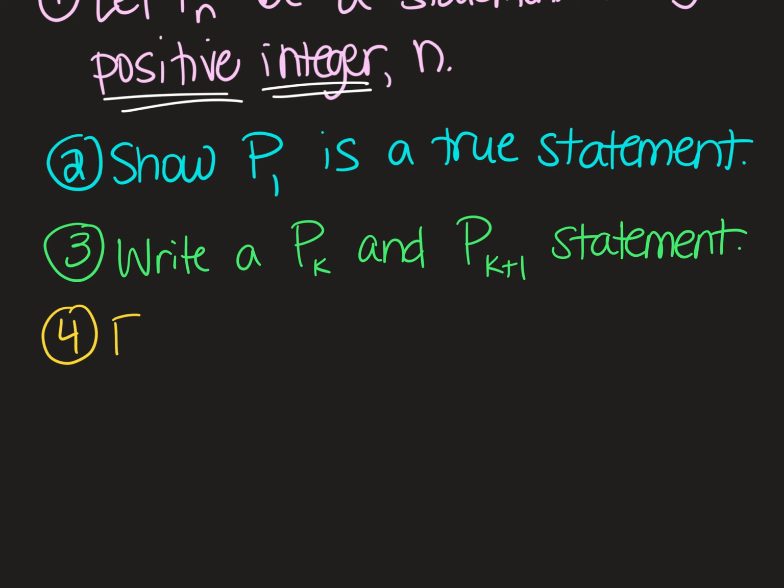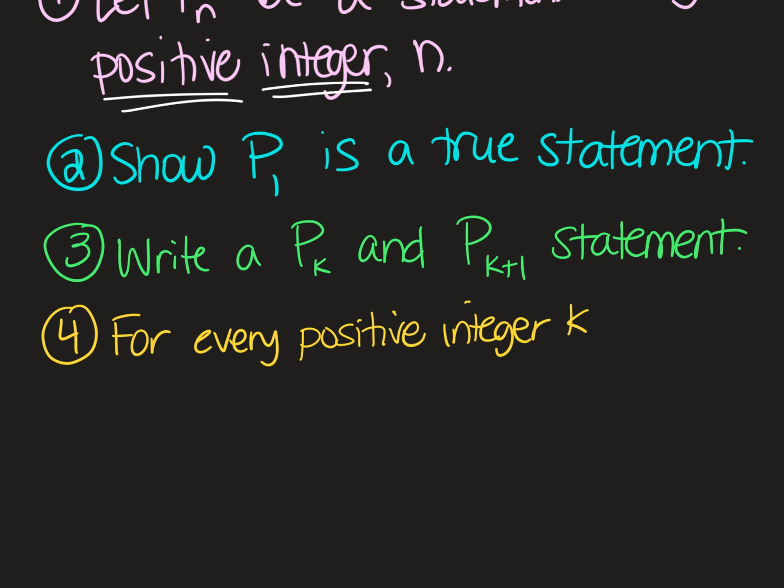What we're going to show is, if we can show for every positive integer k, this is again going to seem some really intense math speak, but just go ahead and follow along with me for a minute.